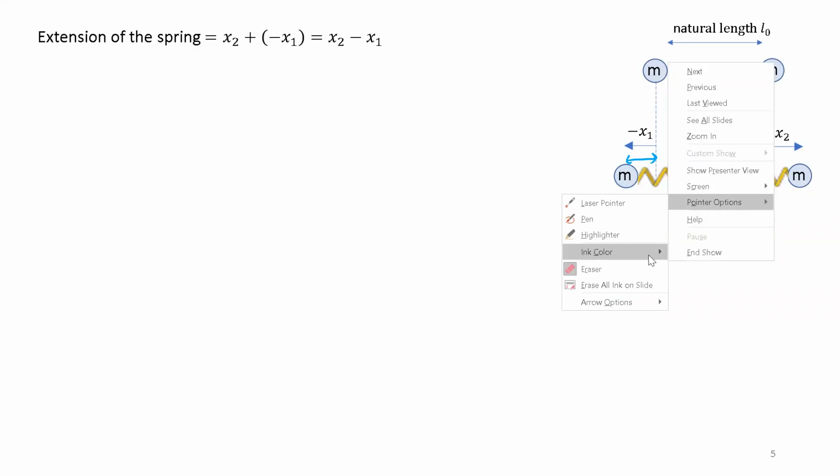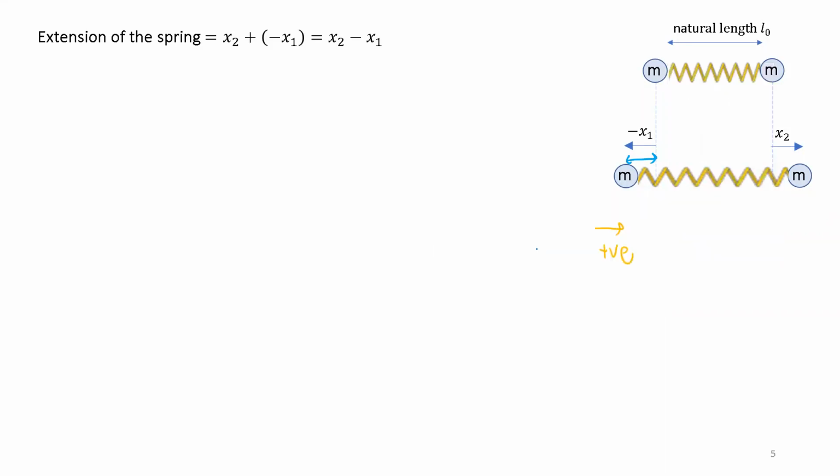Suppose both masses move to the right by some amount. This is x1 and this is x2. In this case, how much the spring is stretched is also given by x2 minus x1.